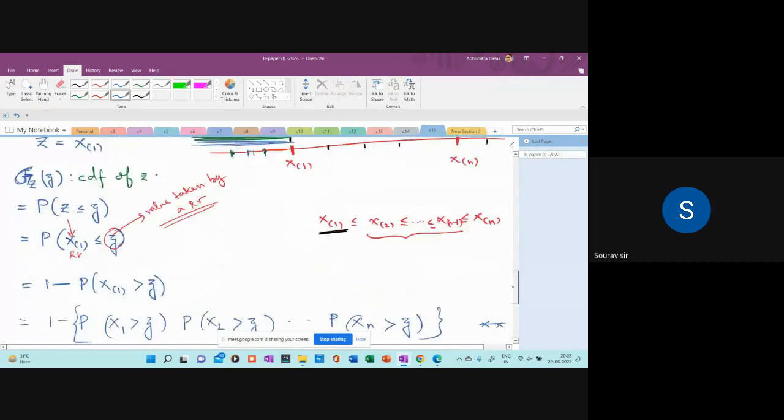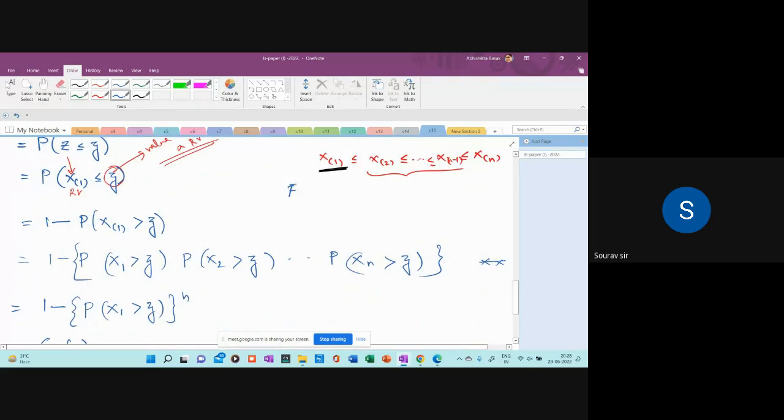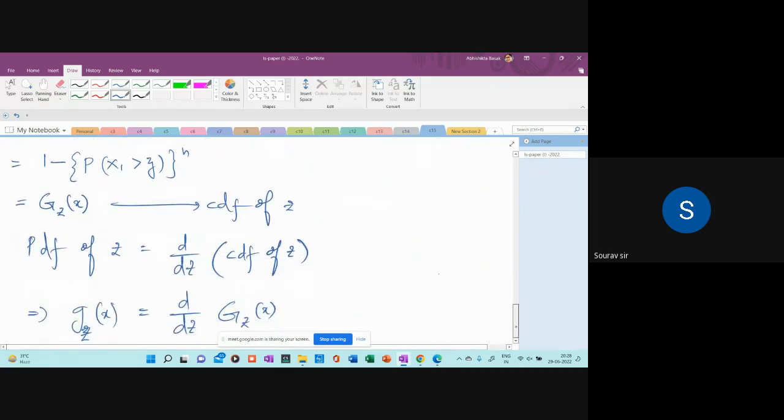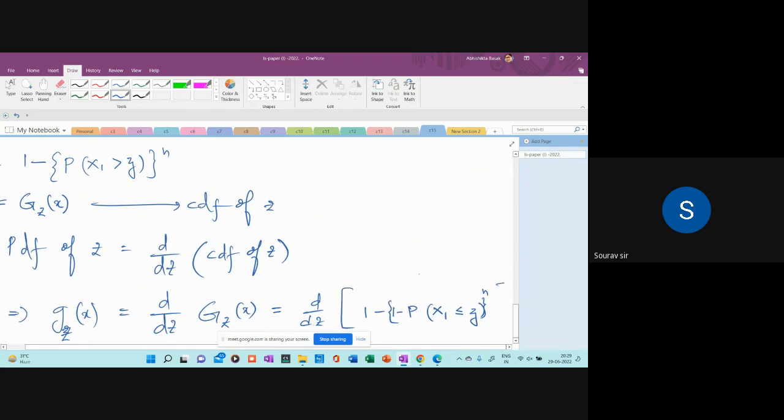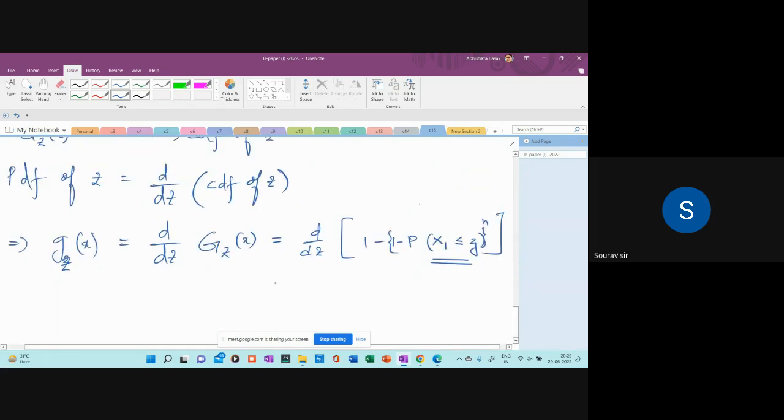So that means this small fx, this capital Fx will have the expression probability capital X less than equals to some small x. Okay, so what I can do, I can change this thing as d/dz of 1 minus probability x1 less than equals to z. This inside portion greater than I have changed to less than. Okay, so instead of z, I can use it to be small x.